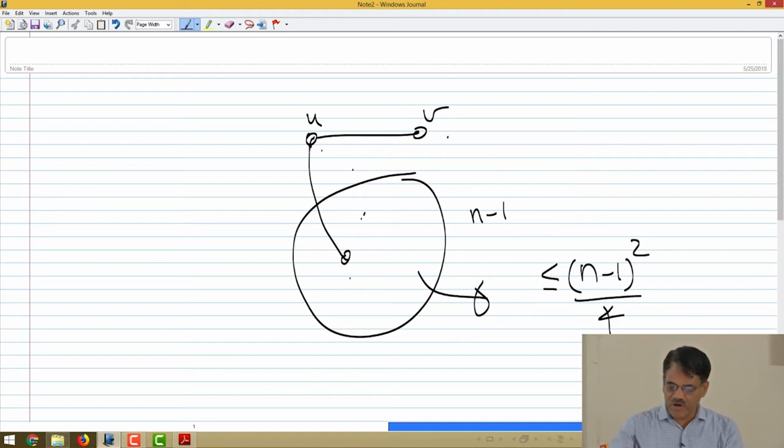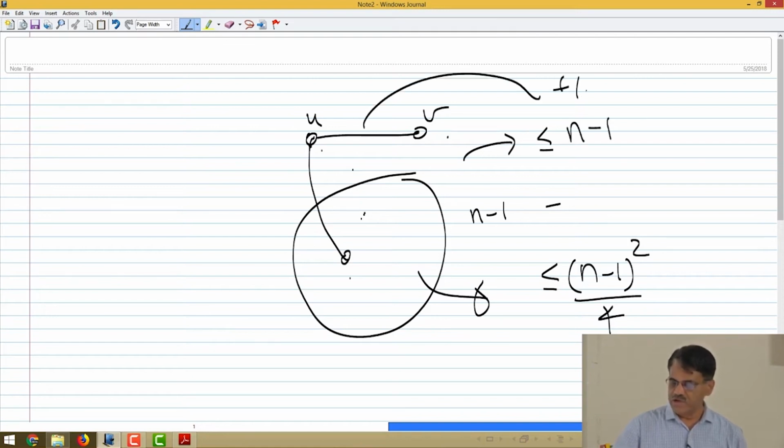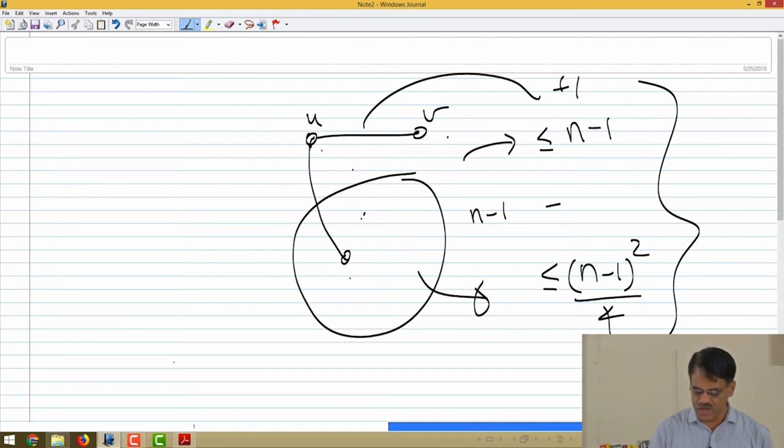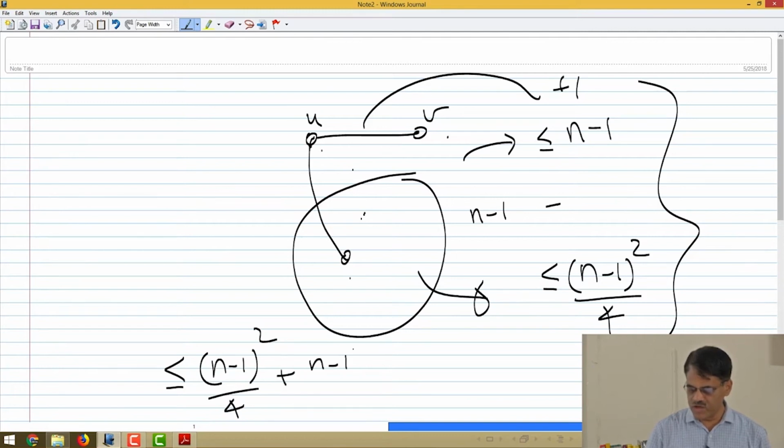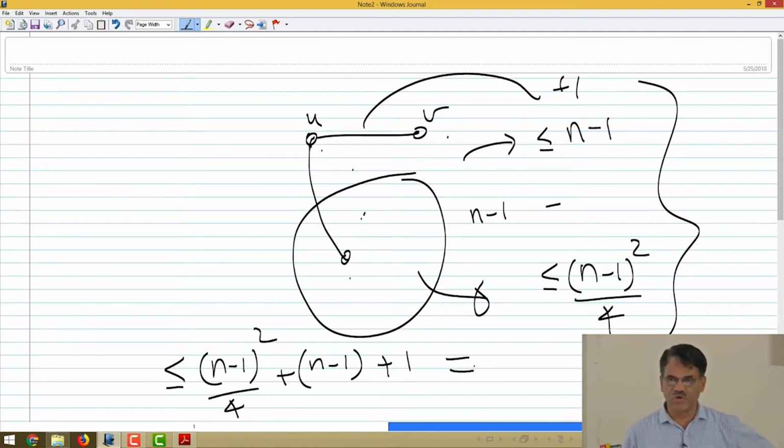So the number of edges between would be at most n minus 1, plus this is an extra edge. So the total number of edges possible is at most n minus 1 whole square by 4 plus n minus 1 plus 1. Hopefully, if you sum, you should get what you want.